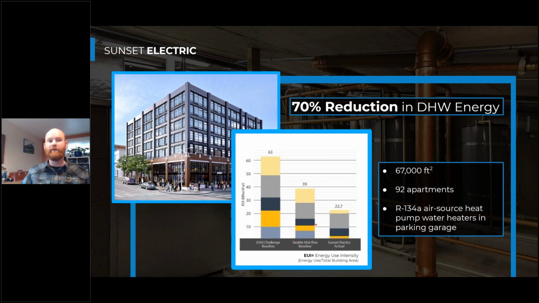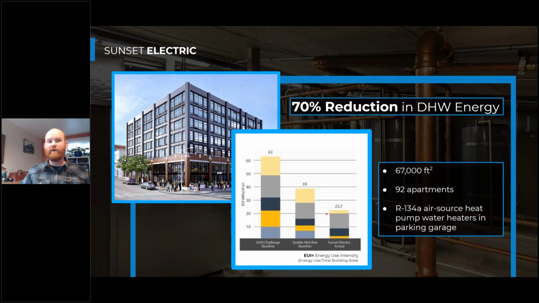We have a very mild climate here in Seattle, and so we're working with a baseline of about 39 or 40 there. When we built and constructed this building, Sunset Electric, we ended up reducing the energy to an EUI of 22. So a dramatic savings there, a reduction in energy use.